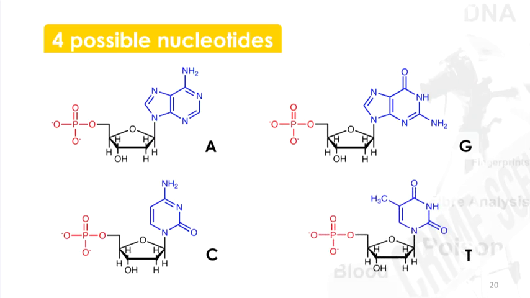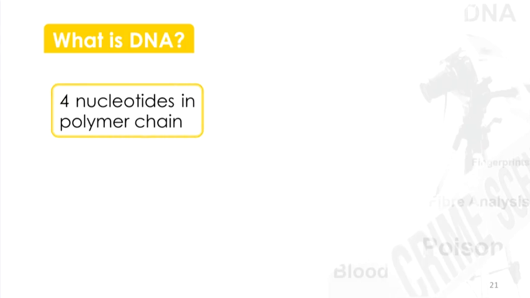So how do we take these 4 nucleotides and build them up into a molecule of DNA? The key is the deoxyribose portion and the phosphate portion. DNA is actually a polymer of the deoxyribose phosphate ester with the bases attached on the side.